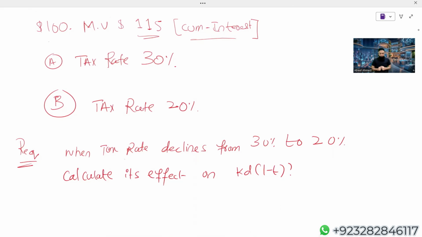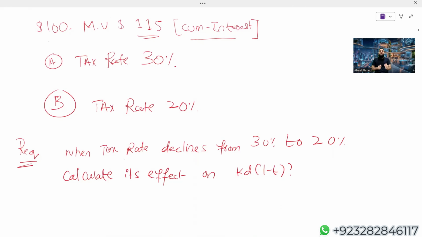Let me explain that. Actually, when the tax rate declines, it means due to the decline in the tax rate, the company's tax saving from interest payment will fall. When the tax savings from interest payment fall for the company, then logically the cost of debt becomes a little bit expensive for the organization.